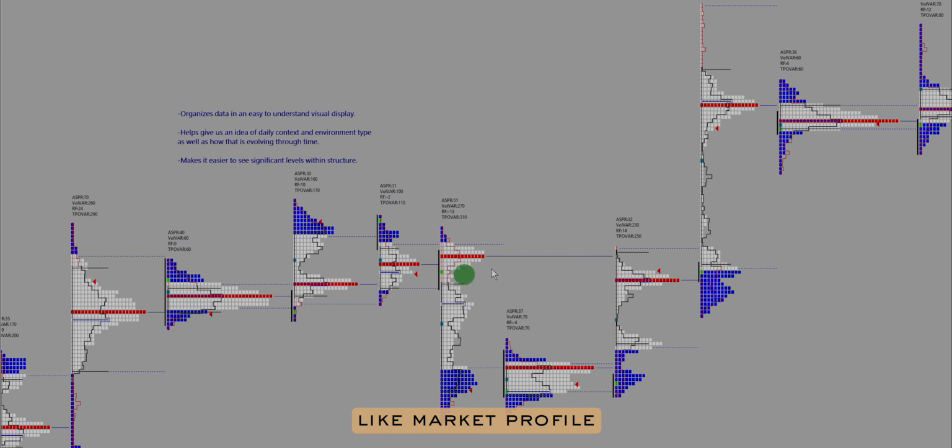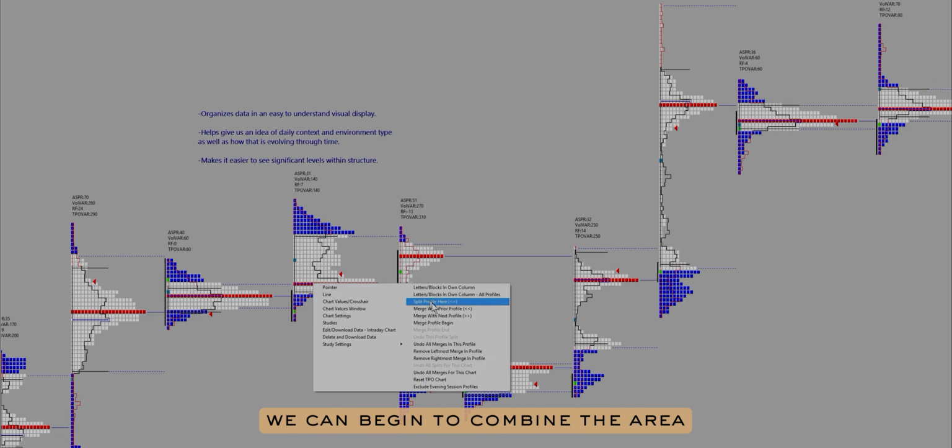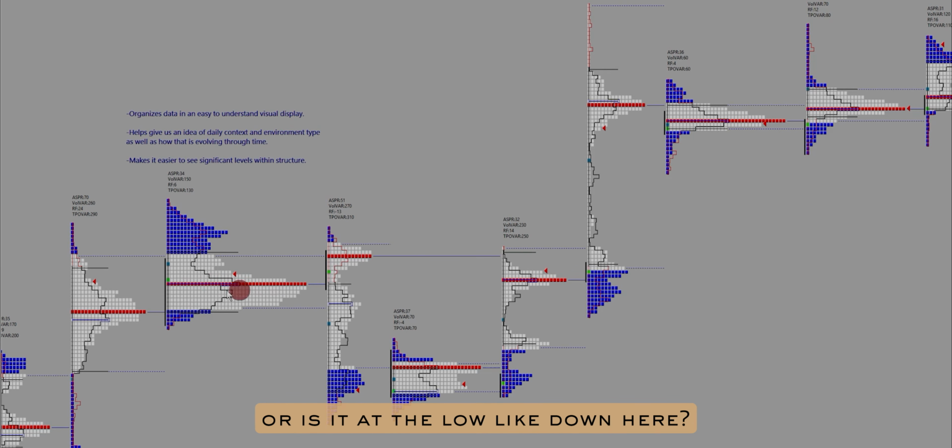When you look at something like market profile, we'll get further into this. What we can do is we could begin to combine the area within a range and to see, okay, within the last 3 days, now I know what the context of this structure was, right? Were we in balance? Were we out of balance? Okay, is most of our volume at the high or is it at the low, like down here? Where is volume being and value being established over time?